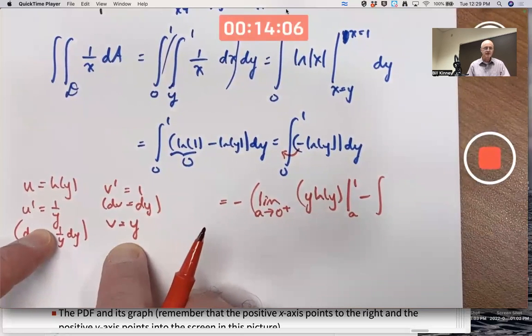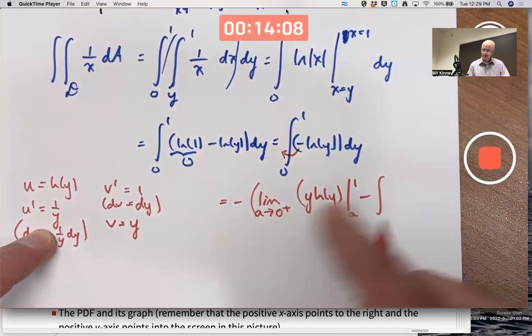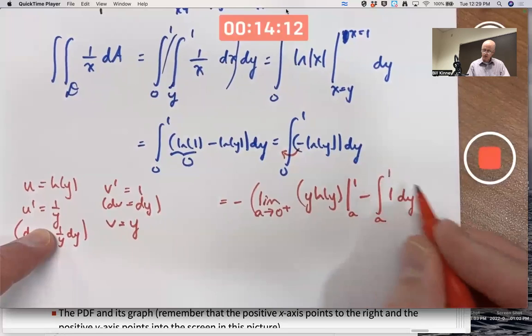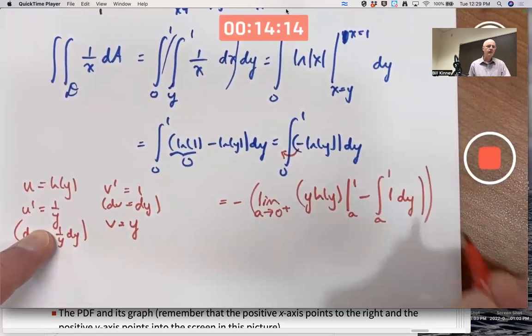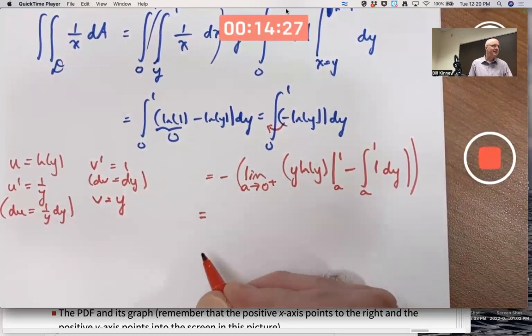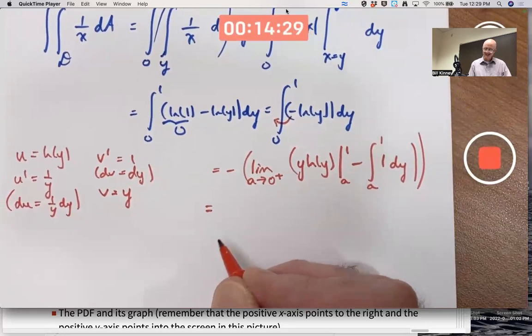Hey, the product of those two things is simple, 1. That also goes from a to 1. Looks kind of complicated. You can do it. Well, maybe not without technology to help.